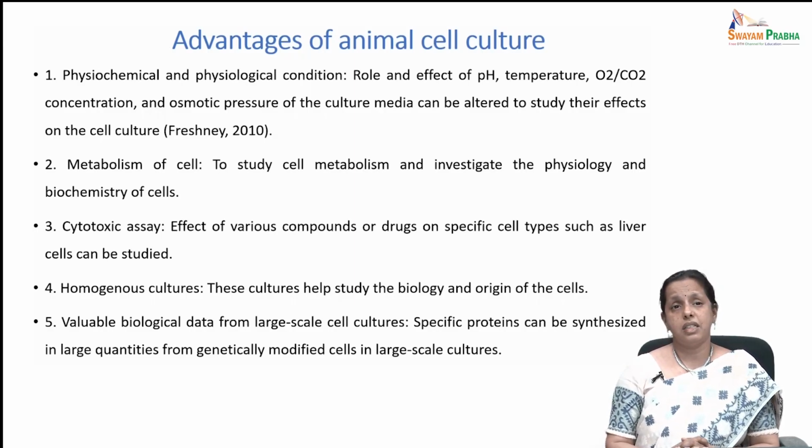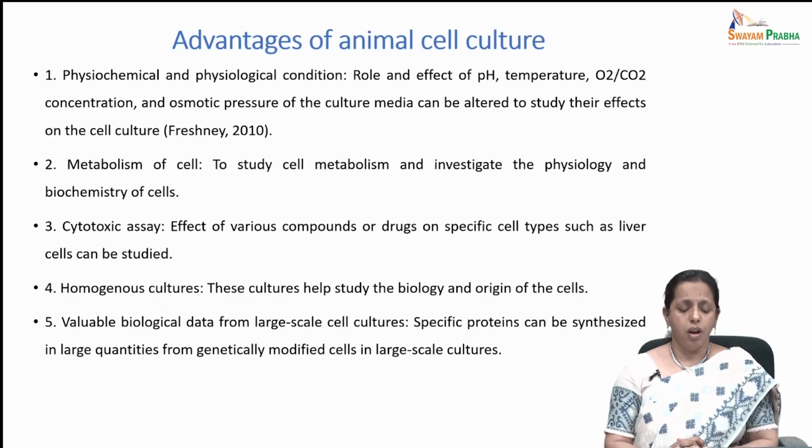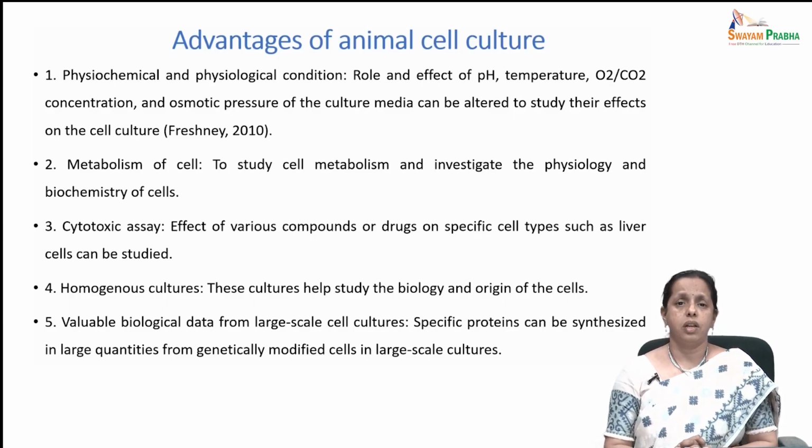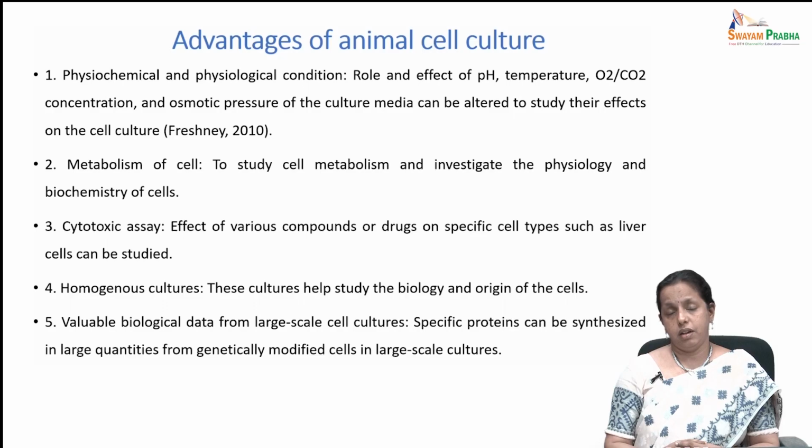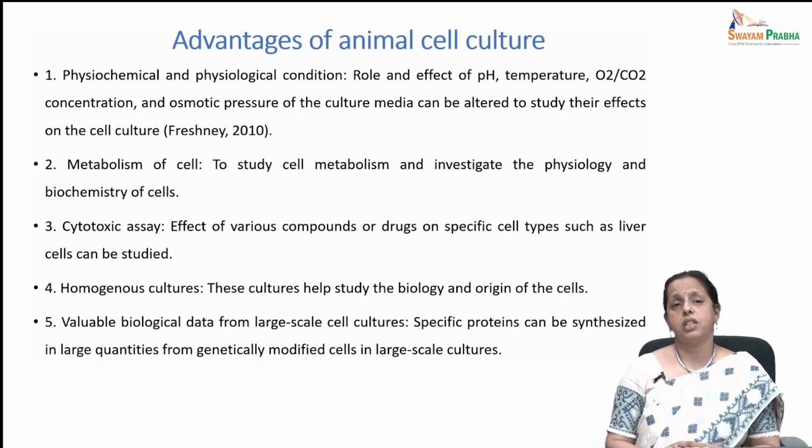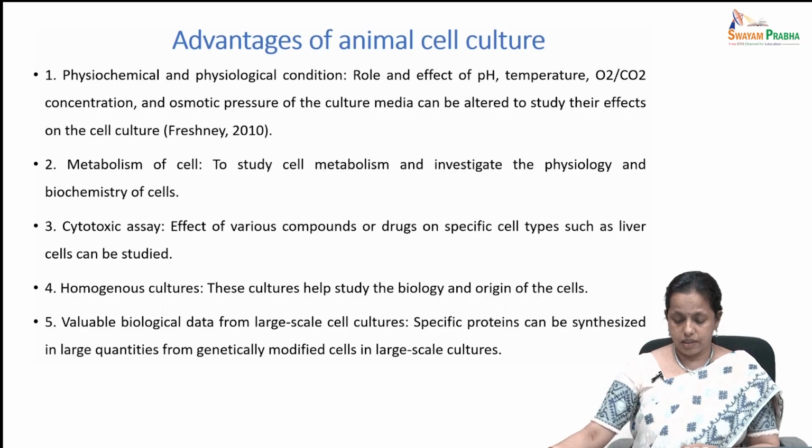And these cell lines are very important because they are homogeneous structures. Then a researcher need not be worried if the study can be replicated or not, and they provide valuable biological data from large scale cell cultures. Specific proteins can be synthesized from large genetically modified cells.